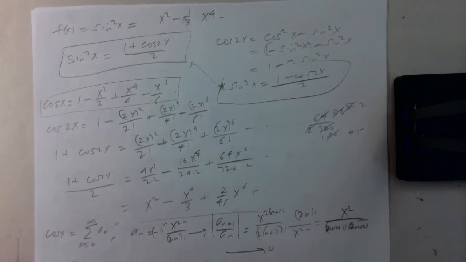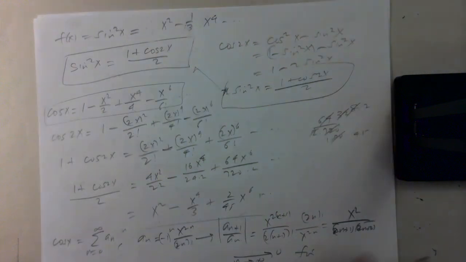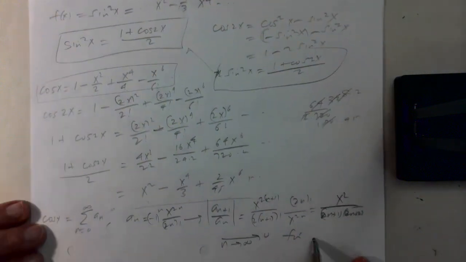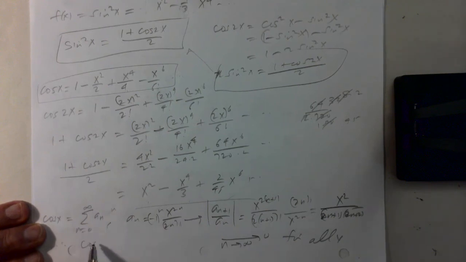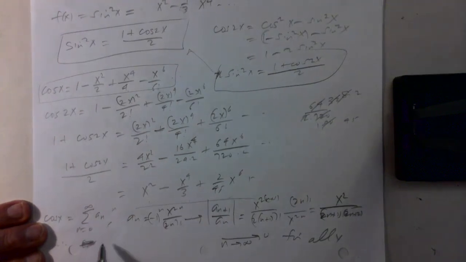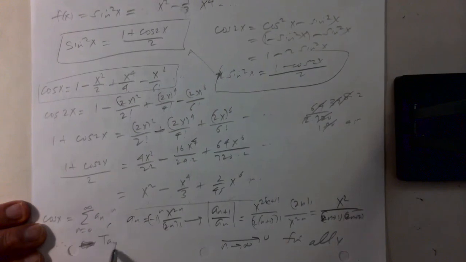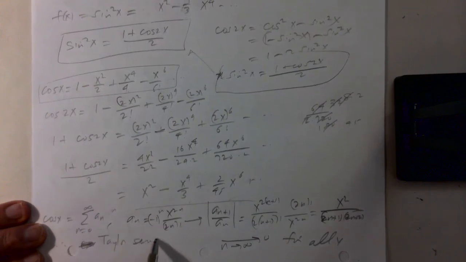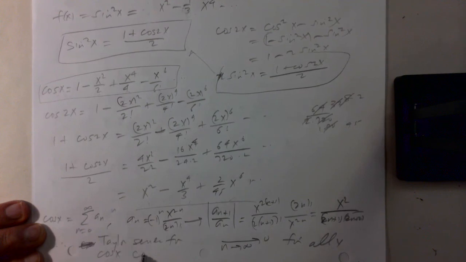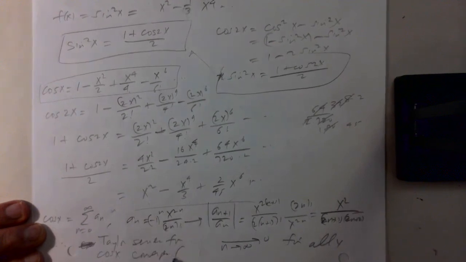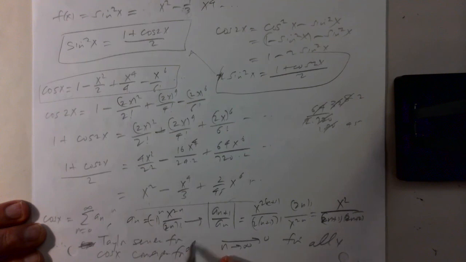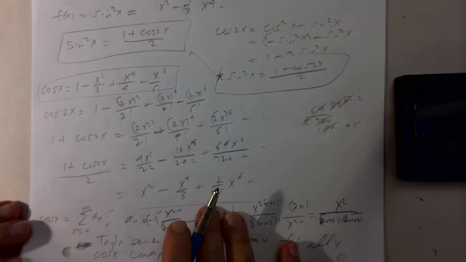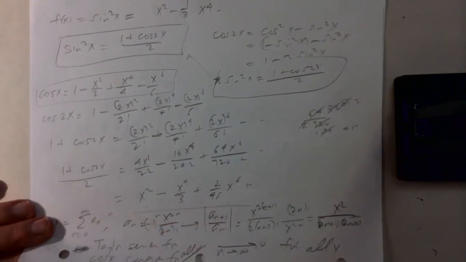And this goes to 0 as n goes to infinity for all x. So therefore, the Taylor series for cosine x converges for all x. That's the point.